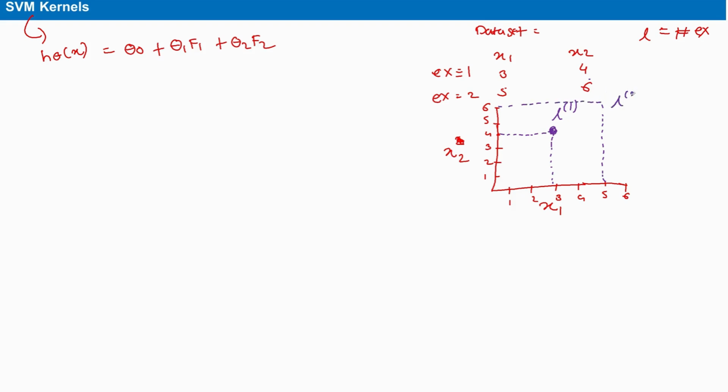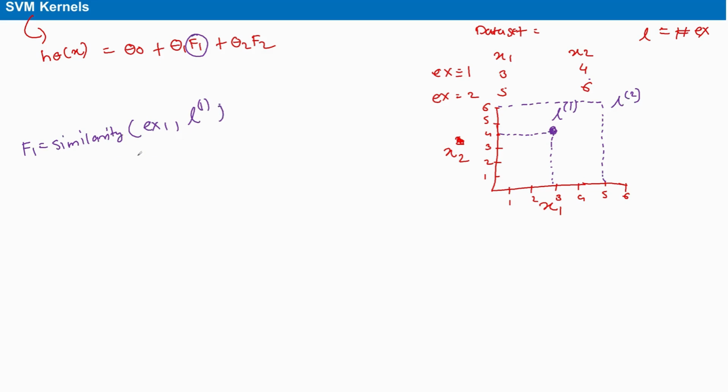Like this. Once you find the landmark, in order to find out f1, we need to find the similarity between example 1 and its respective landmark.